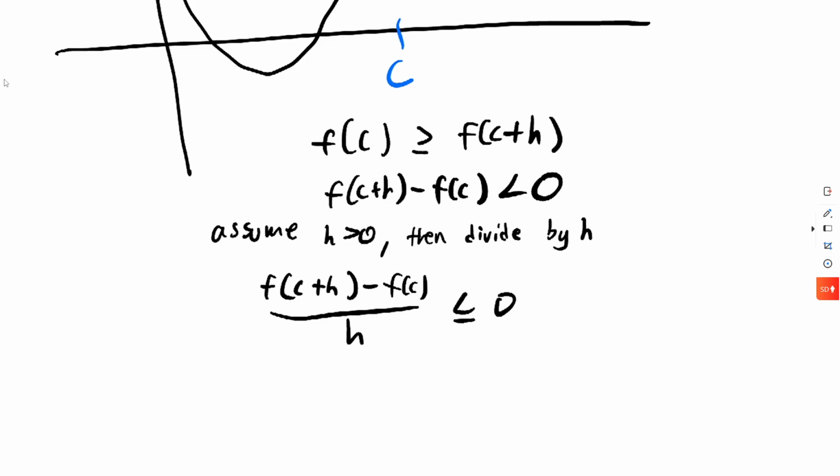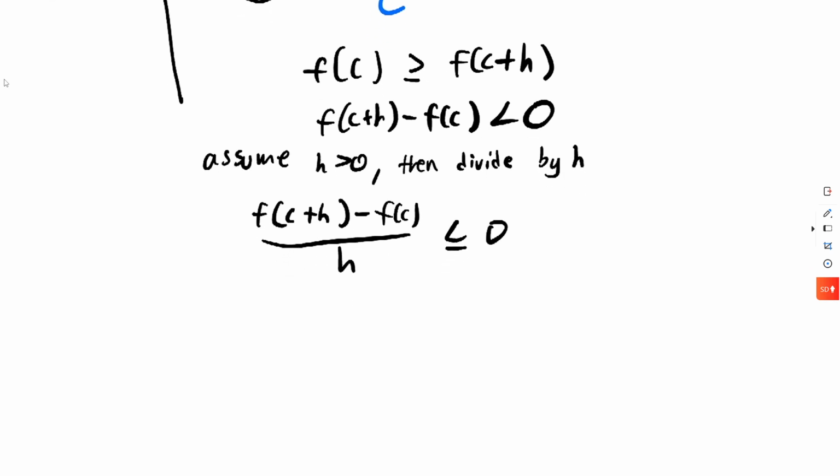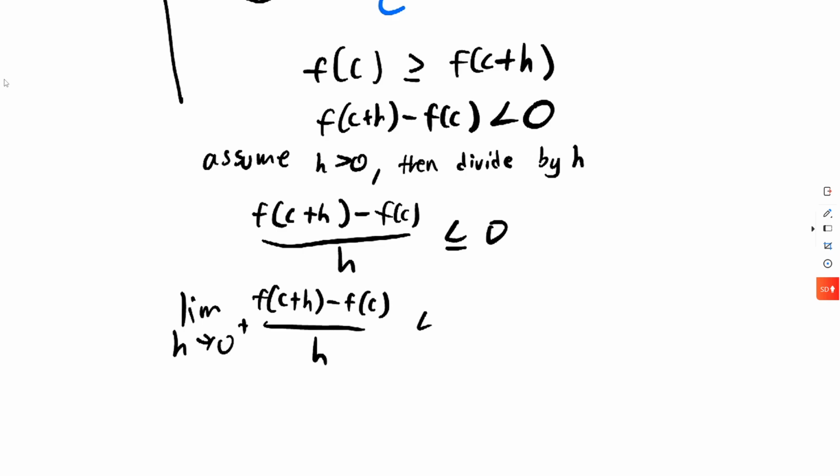Now, we're assuming that h is greater than 0, and the reason we made that assumption is now we're going to take the right-hand limit of both sides. So the limit as h is approaching 0 from the right of f of c plus h minus f of c over h is less than or equal to the limit as h approaches 0 from the right of just 0.